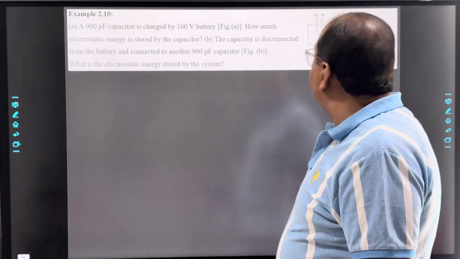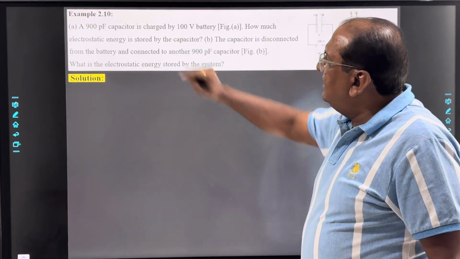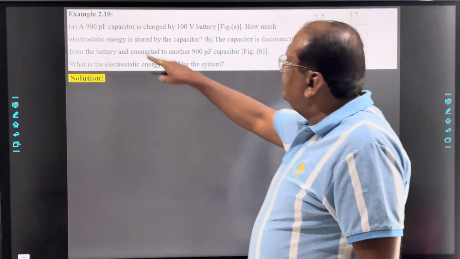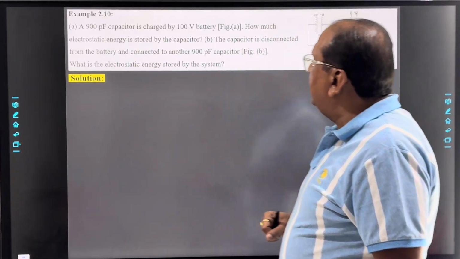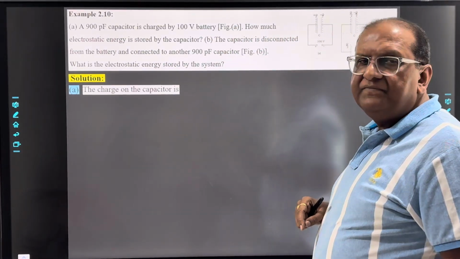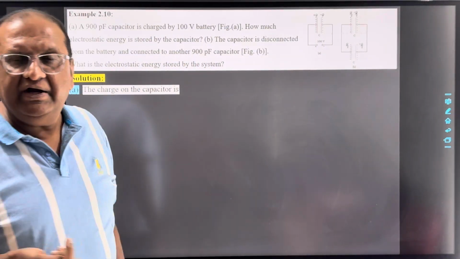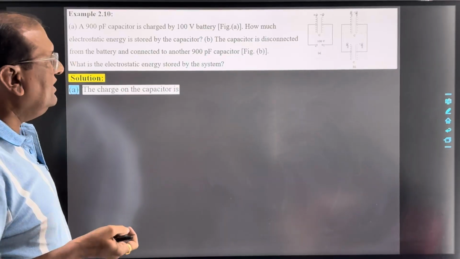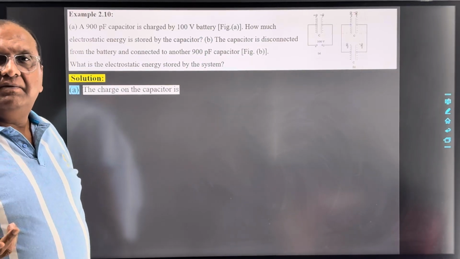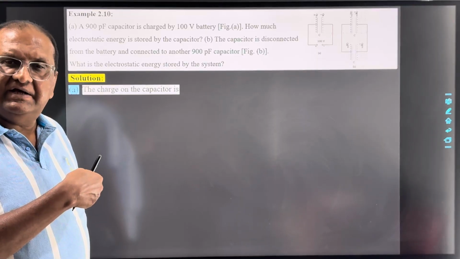Now here, the capacitance given to you is 900 picofarad, and it is connected with a 100 volt battery. So here we can calculate the energy stored in the capacitor by the equations which we derived in the previous theory.